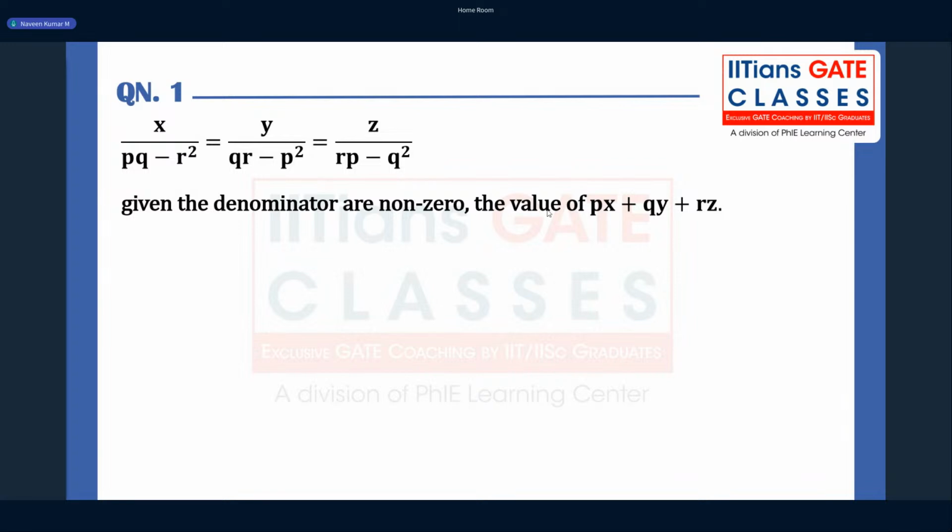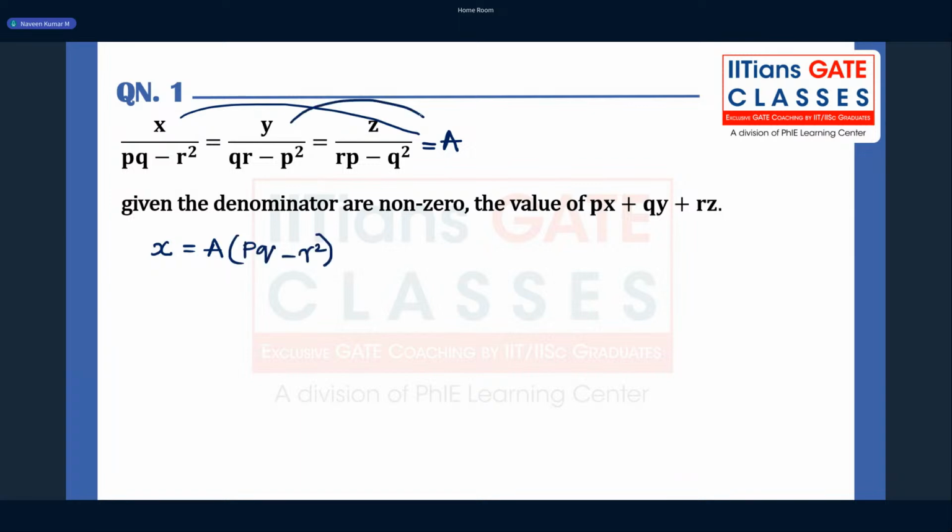So the value of px plus qy plus rz is? Here itself, let us assume we take this as equal to some constant a. From here, we can write the equation: taking the first one, x is equal to a into pq minus r square.